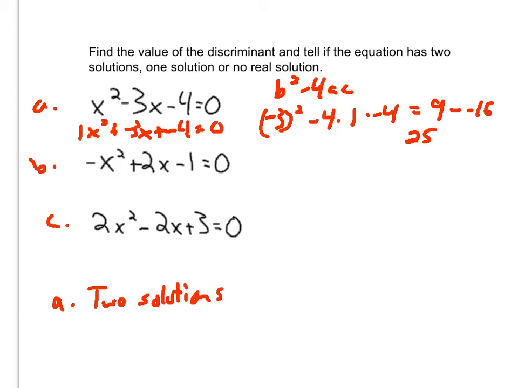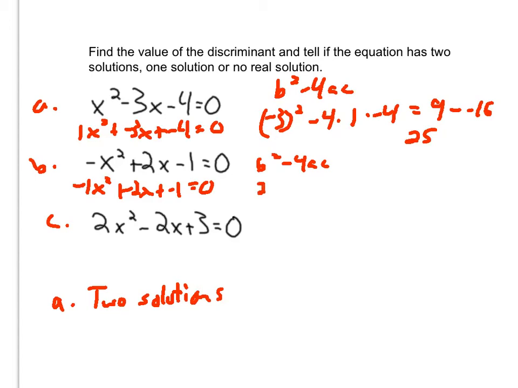Alright, next example here again, ax squared plus bx plus c form, so it's negative 1x squared plus 2x plus negative 1 equals 0. Now we're going to plug it in. Again, b squared minus 4ac is the discriminant, and tell how many solutions we've got.